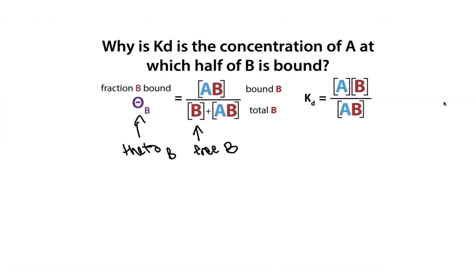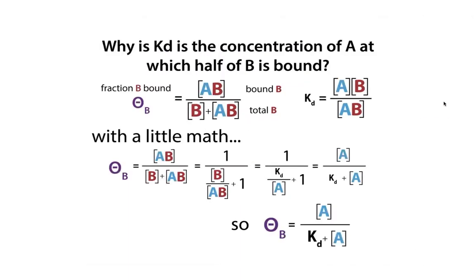And now let's think about Kd. Kd is equal to the concentration of A times the concentration of B over the concentration of AB. So now pause the video and use these two equations, put them together in order to solve for the fraction B bound. So solve for theta B in terms of Kd.